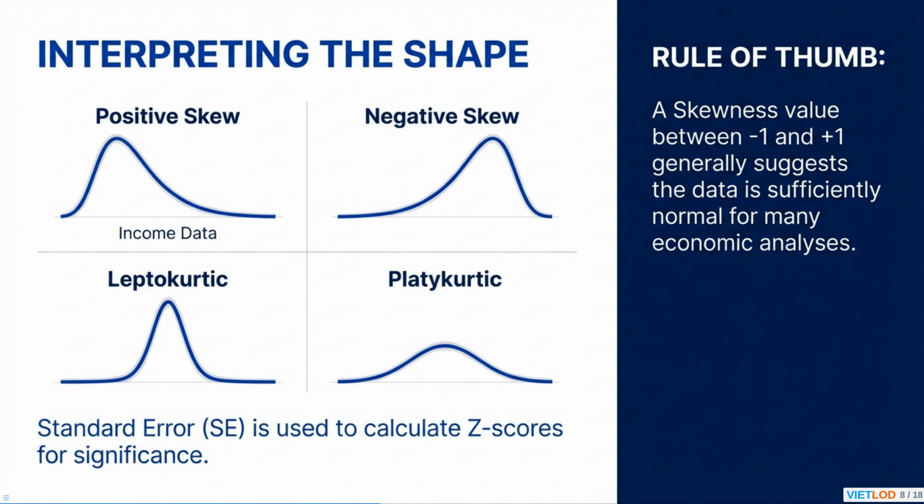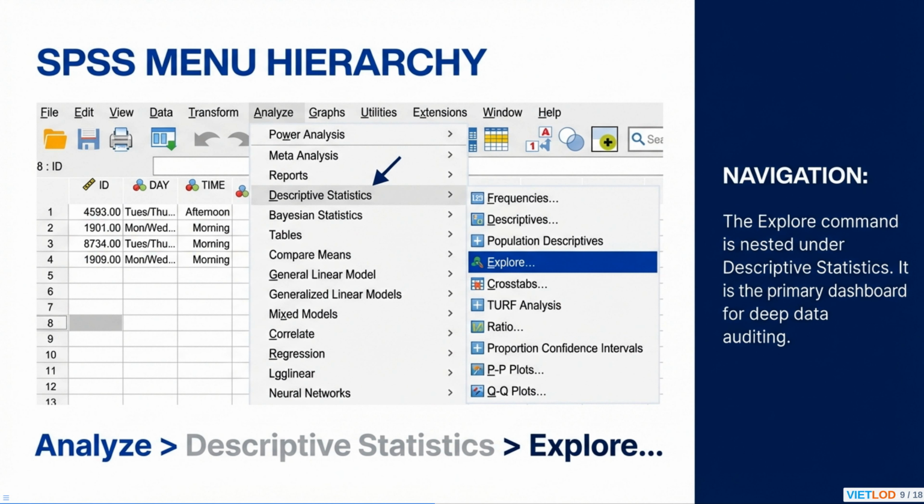However, for many practical economic analyses, a helpful rule of thumb is that if the skewness value falls between -1 and +1, the data is generally considered sufficiently normal for most parametric tests. Understanding these shapes helps us decide if our data meets the normality assumption required for various statistical models.